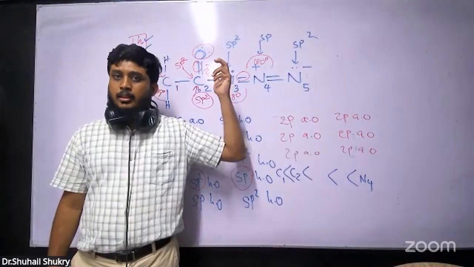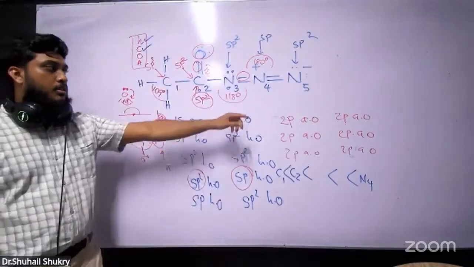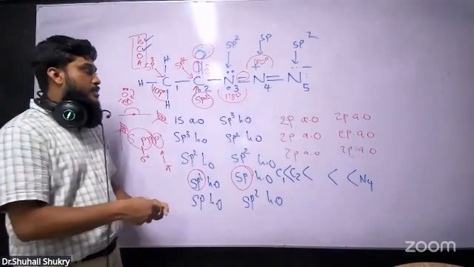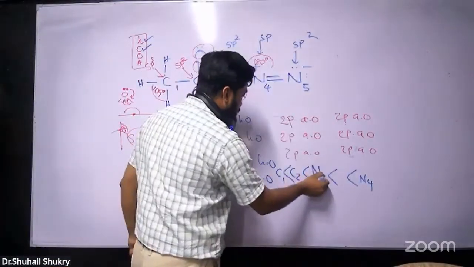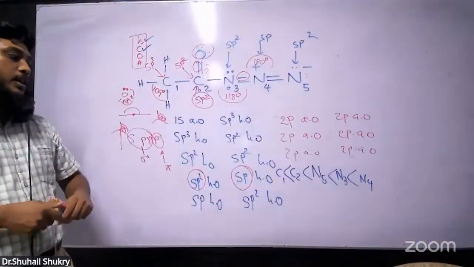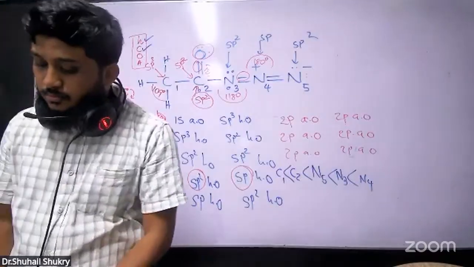So N5 has less electronegativity than N3. Finally the order is C1, C2, N5, N3, N4.